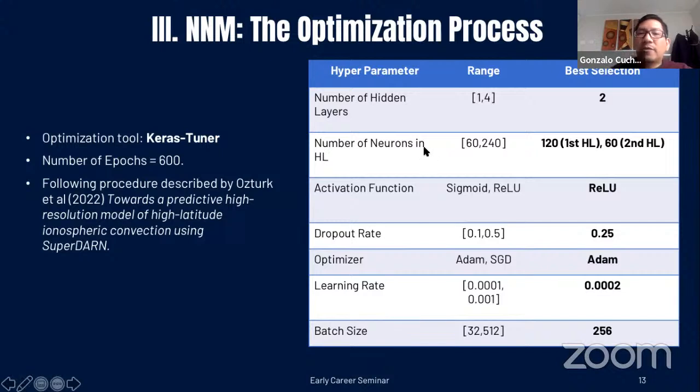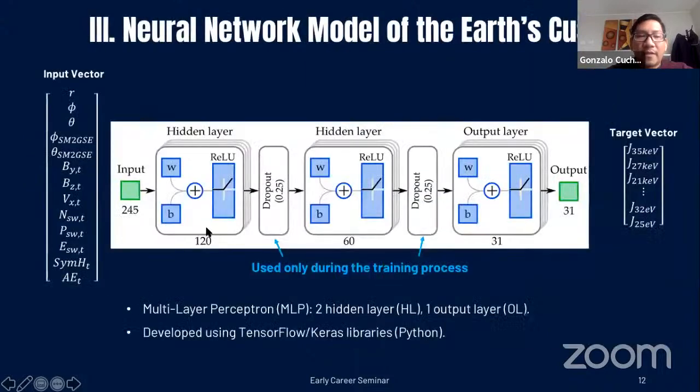So what I have to do is select a range for all of them and use a tool. In this case, I have used the Keras Tuner, and the Keras Tuner will provide us the best selection. What I show you here is the best selection, and that's what we have used to show you the results in my next slide.